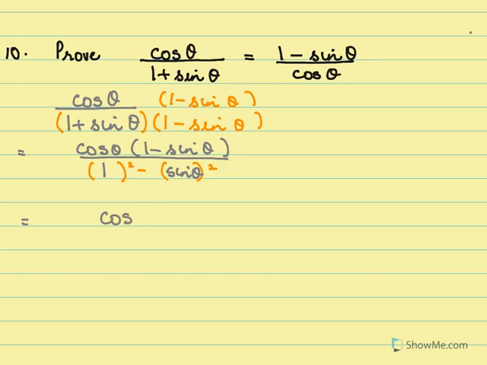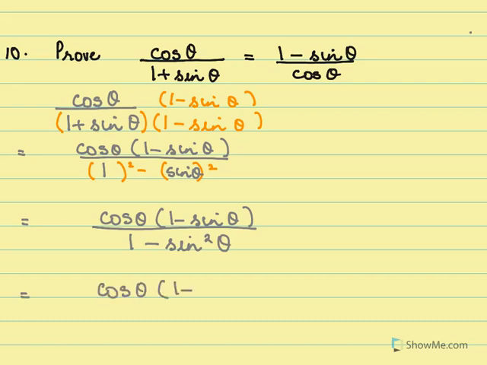So this is equal to cos theta, 1 minus sin theta over 1 minus sin square theta. The numerator I copy as it is. Now do you recollect what 1 minus sin square theta is? By now you should know 1 minus sin square theta is cos square theta. Please write this in your statements.